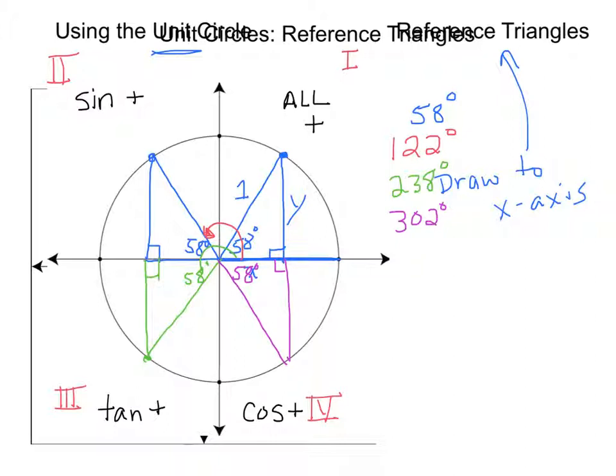But if you are one that likes little ways to remember things, if you go from 1 to 4, you can say all students take calculus. And if you do that, you remember that it's all students, sine, take, tangent, calculus, cosine. Okay, questions about reference triangles and the signs within the reference triangles?